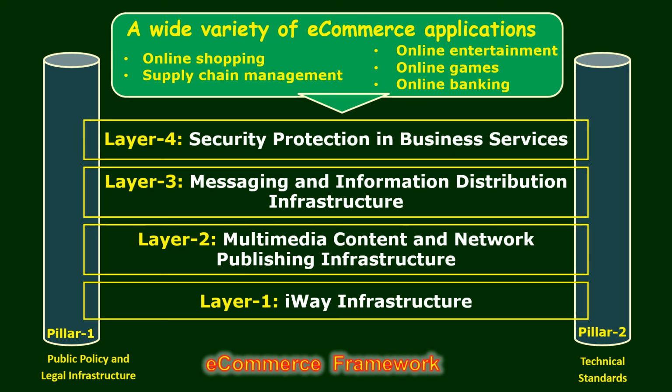So, in this topic, we understood the e-commerce framework, which consists of four layers. So, layer 1, that is highway infrastructure. Layer 2, that is multimedia content and network publishing infrastructure, in which a number of web pages are created using multimedia, and using all such web pages, a website is created, which is known as publishing.